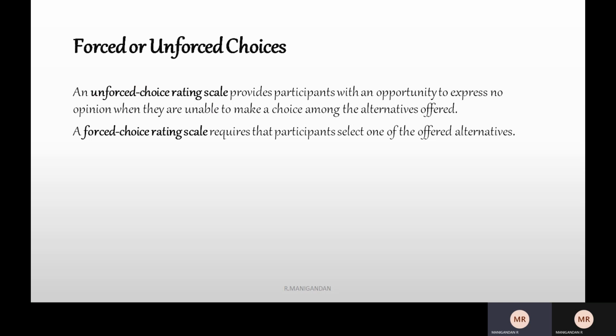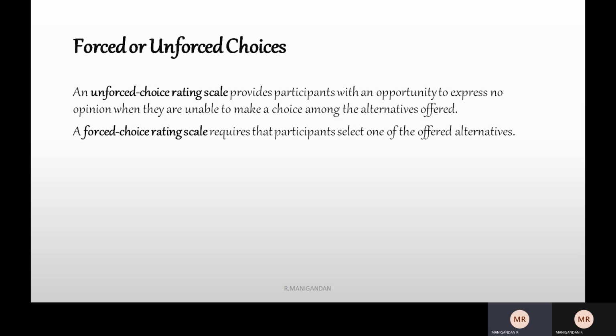For example, if I choose one hero, he gives good movies to us, but suddenly his movie flops, the main fan base still supports him even when it flops. That is called forced and unforced choices.